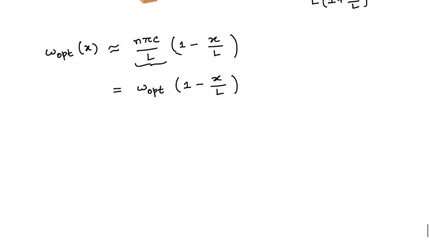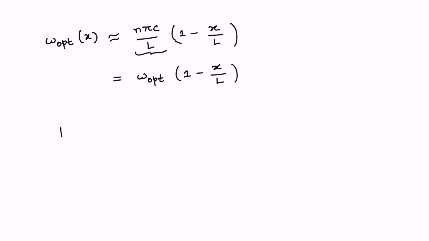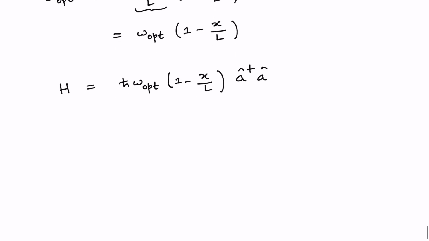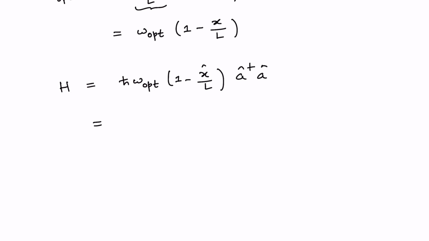Now putting this in the Hamiltonian, I have H is equal to h bar omega optical times 1 minus x by L into a dagger a. Now here I have two parts. Because I am doing things quantum mechanically, x is a position operator, and as you can see, that is coming into this scenario because of the movement of the mechanical mirror.